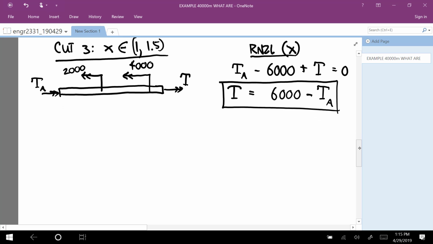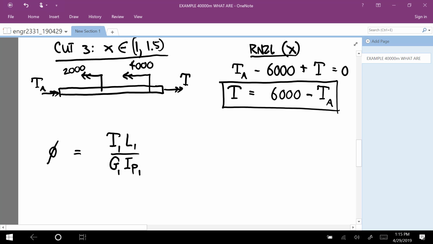And now the expression for the total angle of twist is equal to the sum of, I'll write it as, the internal torque on piece 1 times the length of piece 1 divided by the shear modulus times the polar moment of inertia.